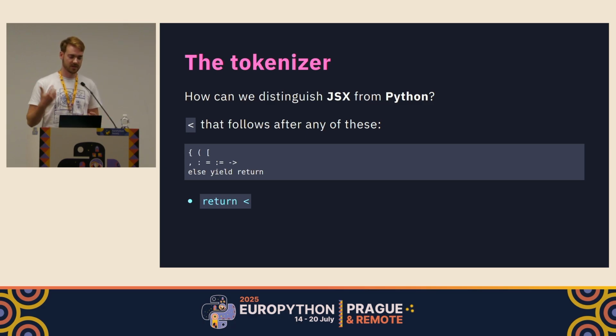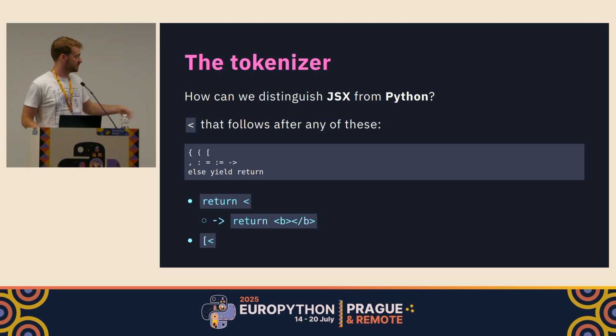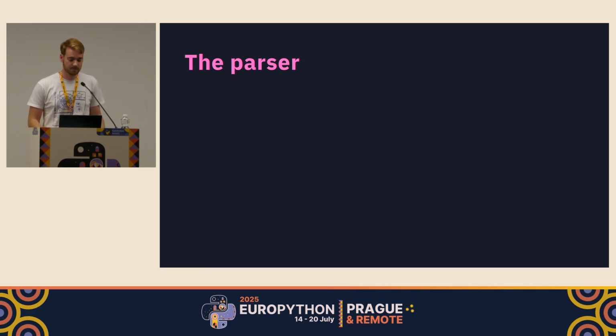So we can just make the assumption that this has to be JSX. So for example, return and some HTML element. The same, for example, if you see an open square bracket and then an angle bracket, again, no matter what you put after, this is never going to be valid Python. So we can just assume this is PyJSX and parse it as such.